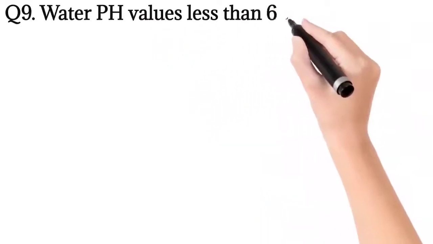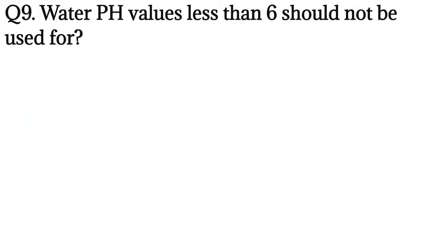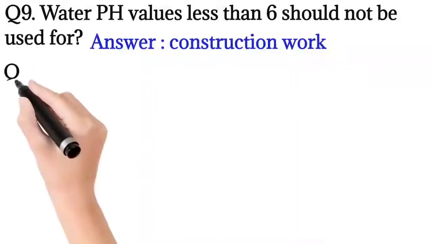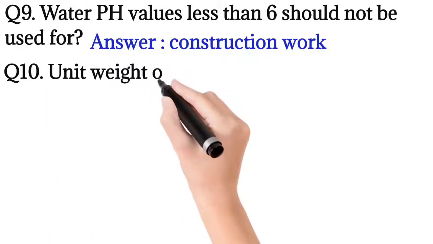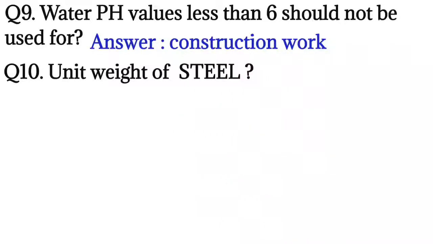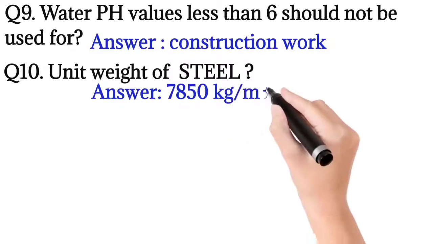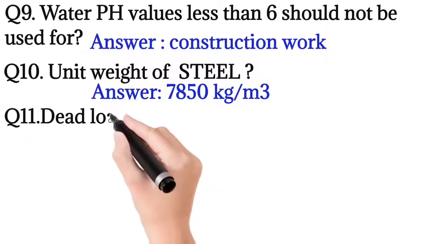Water with pH value less than 6 should not be used for, so the answer is construction work. Question number 10. Unit weight of steel. So the unit weight of steel is 7,850 kg per meter cube.